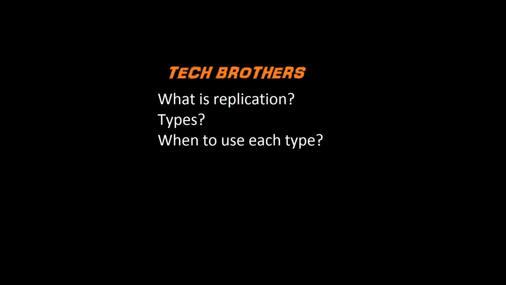And merge replication: if you have a requirement to keep the publisher and subscriber in sync, whatever happens on the subscriber side needs to replicate to the publisher, and whatever happens on the publisher side needs to happen on the subscriber.